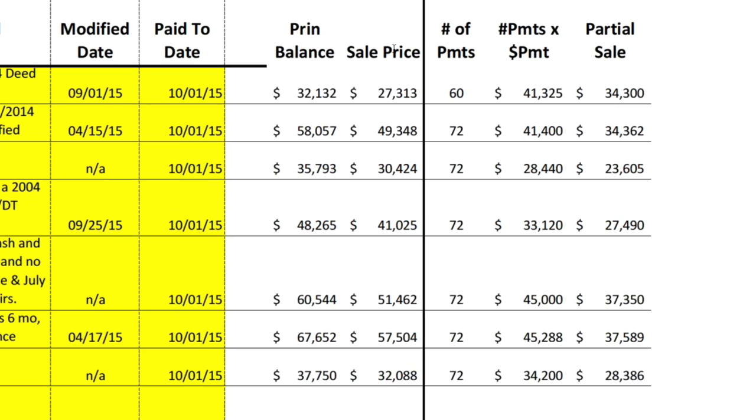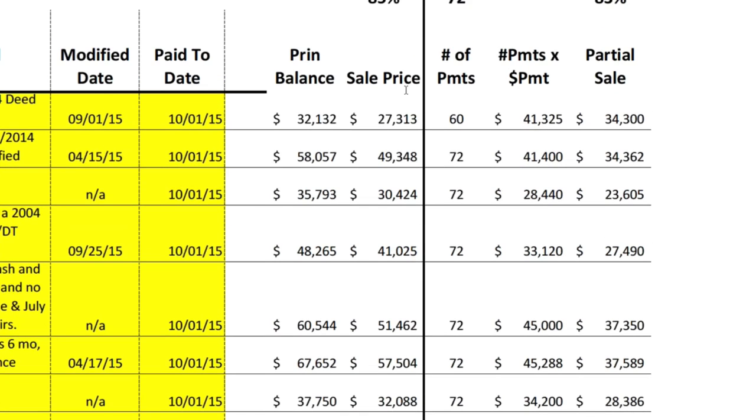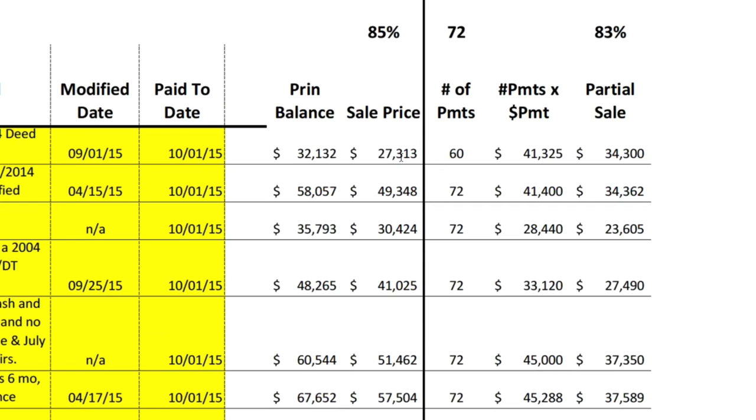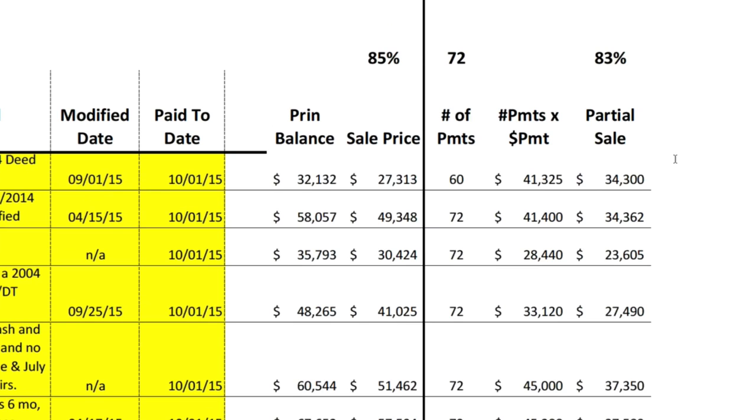But like right here, for 85% for a full buyout is 27,000, but just for 60 payments, they want us to pay 34,000. So what I told him, just heads up, you got something wonky with how you figured your partials. You figured the partials by the number of payments, like 60 payments times the monthly payment, and that's what he's figuring as the balance of the note, which of course isn't true.